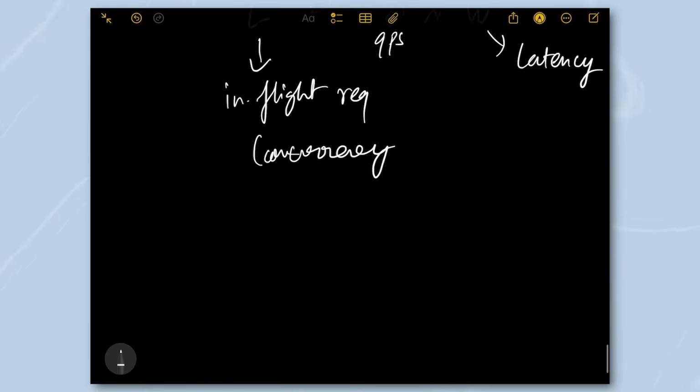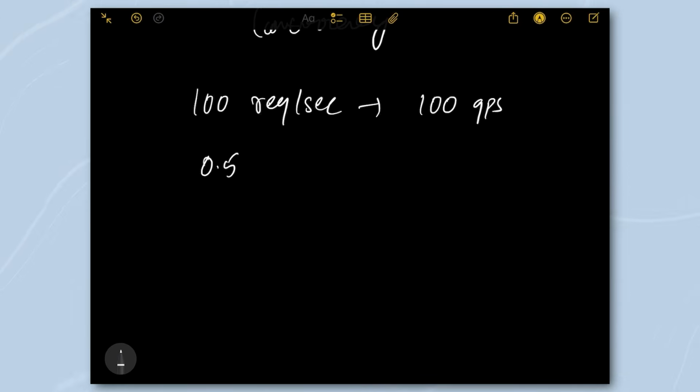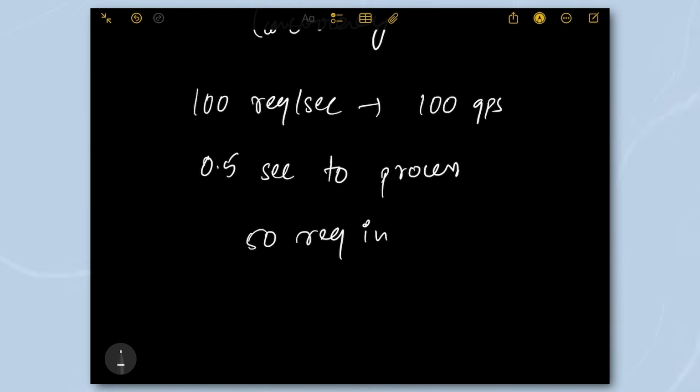So, for example, if your server can handle 100 requests per second, or let's say 100 QPS, and each request takes, let's say, 0.5 seconds to process, you will have an average of 50 requests in flight at any given moment, which is nothing but the multiplication.